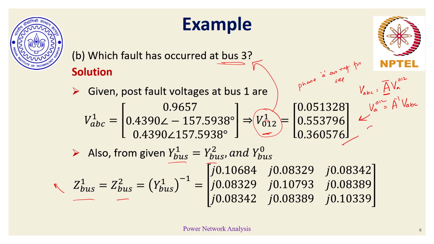The first aspect is the application of Fortescue's theorem, whereas impedance matrix evaluation is an application of Thevenin's theorem, where we find the Thevenin impedance between the fault point and the ground, or the neutral point where the fault has occurred. So essentially the reason for finding these Z buses is to gauge bus 3 from the sequence voltages given for bus 1.